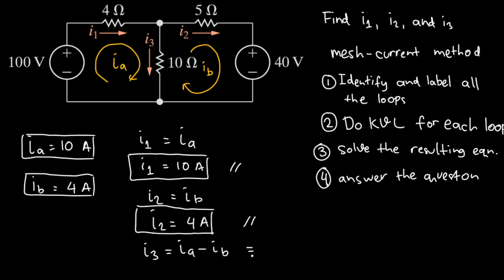So I will have I3 is equal to IA minus IB, which is 10 minus 4. So we will have I3 here is equal to 6 ampere. And this is the final value that we are looking for.